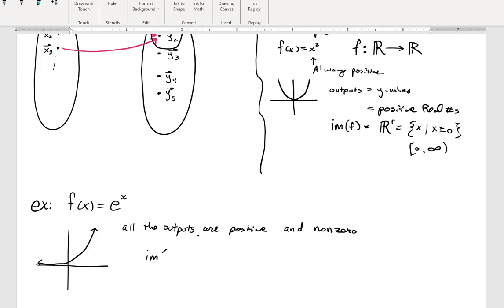So the image of this function would be, in interval notation, we could say 0 to infinity with a parenthesis. Or we would say the set of x such that x is just greater than 0.